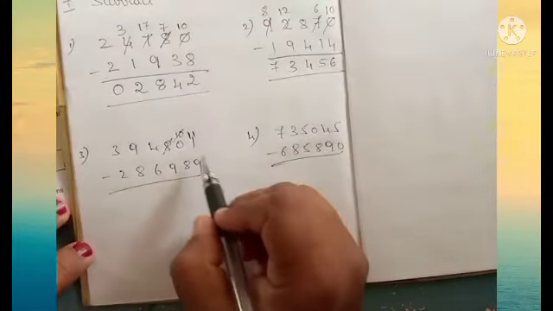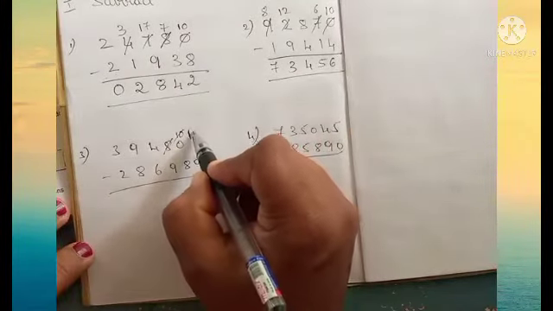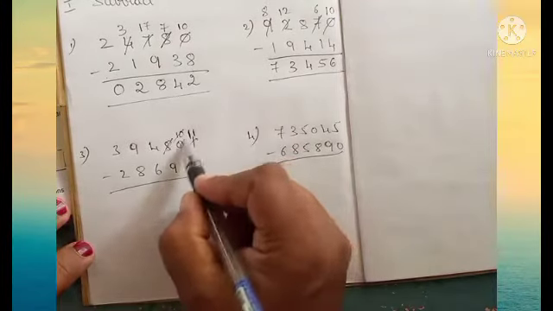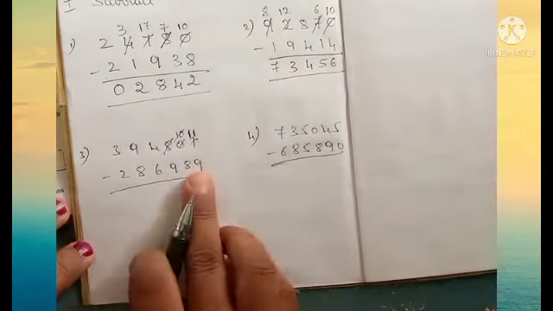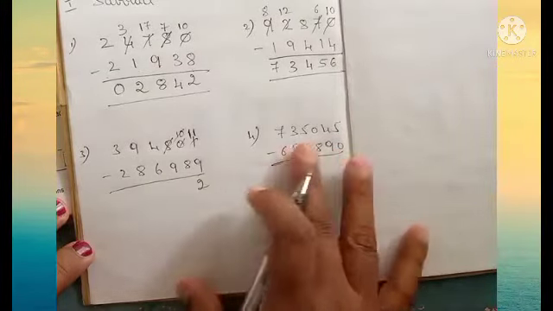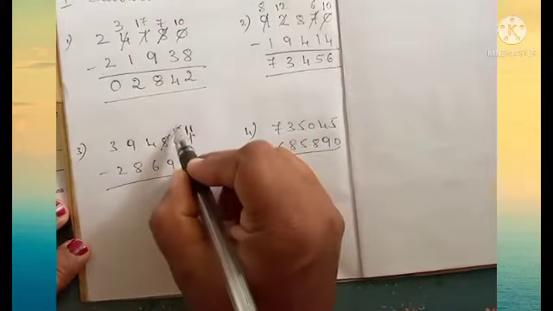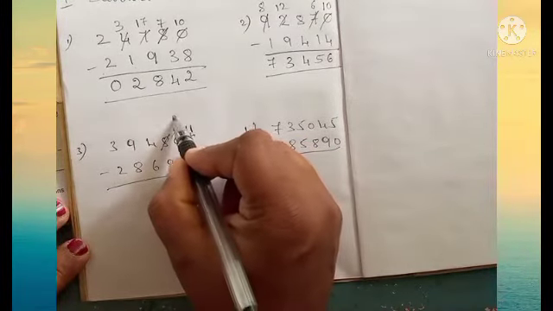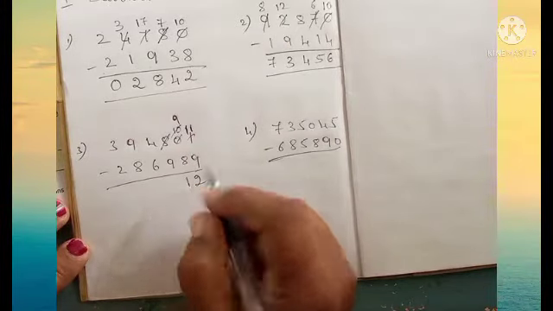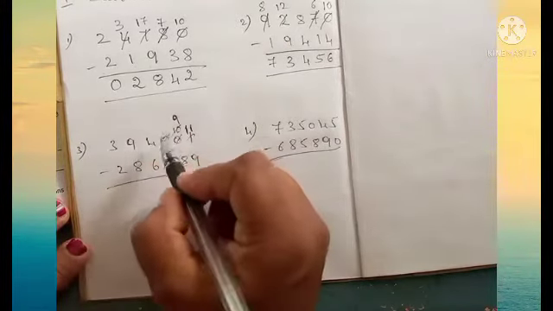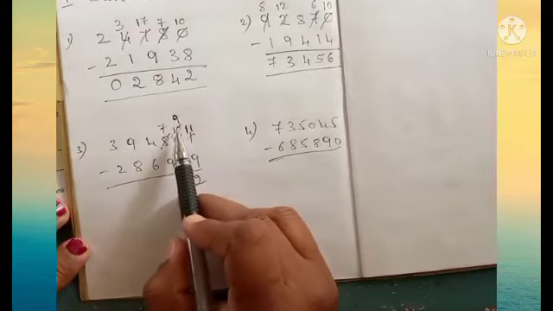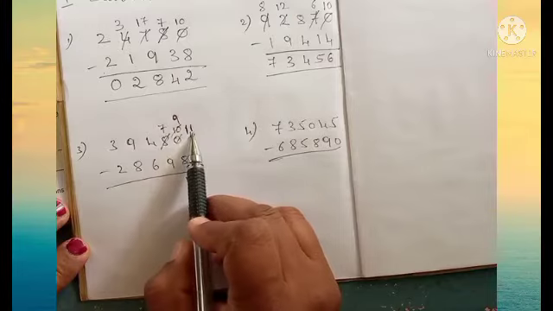Okay. In 11, if you minus 9, how much do you get? Yes, 2 you get. Here how much remains, dear children? 9. So in 9, if you subtract 8, you will get 1. In hundreds place, how much is remaining? 7 is remaining, because 1 we have taken here, then later on we have borrowed here.